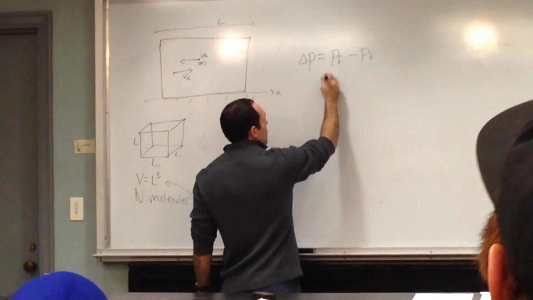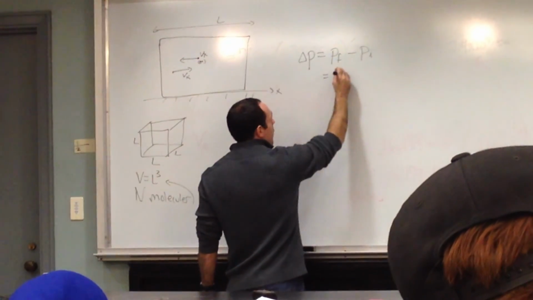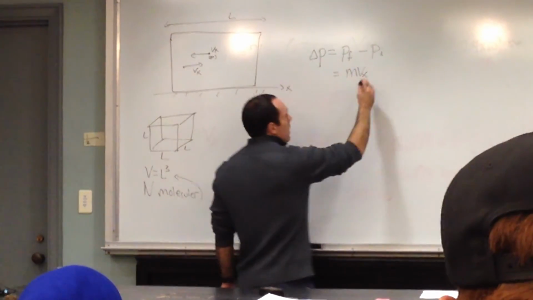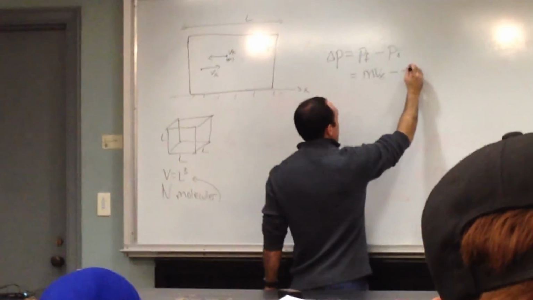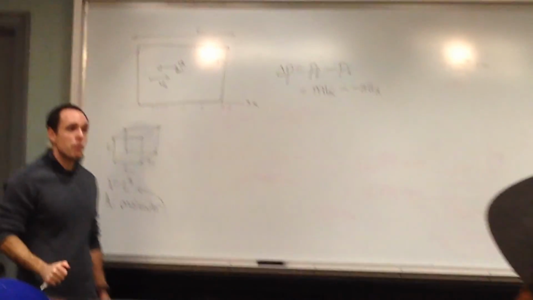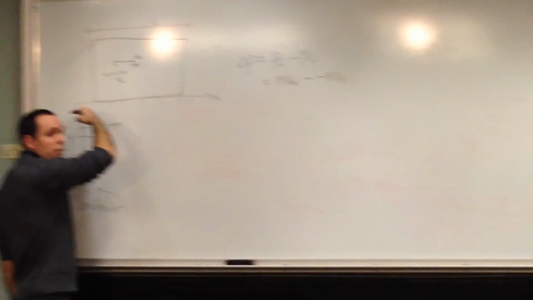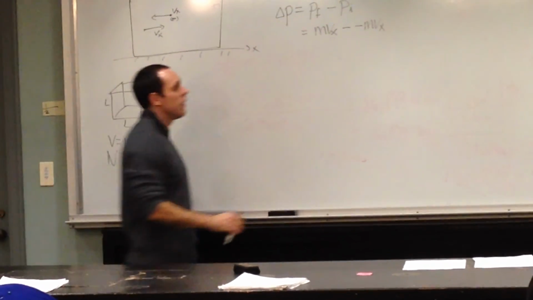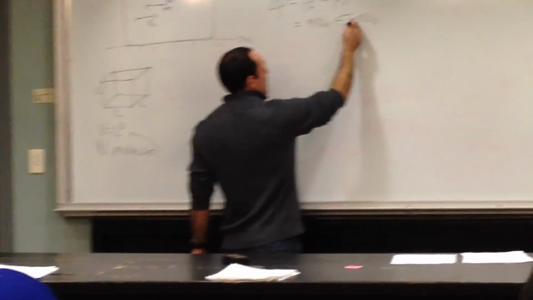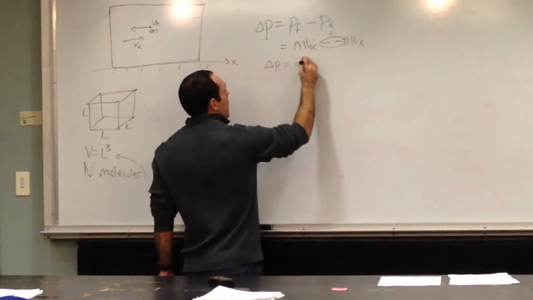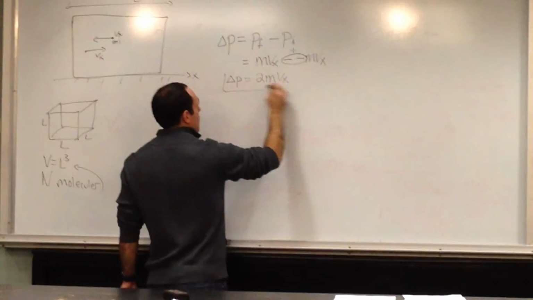The final momentum, of course, is just momentum is mv, so this is mvx, minus the initial momentum, which is minus mvx. Minus because momentum is a vector, and it was moving to the left initially, which let's just call the negative direction, and the final direction in this case is to the right. So because of that, this change in momentum basically becomes 2mvx.